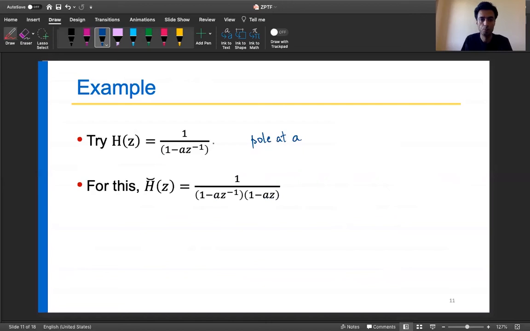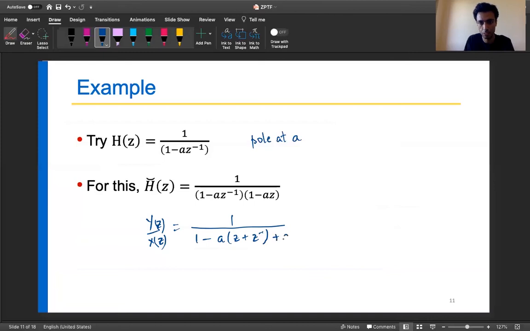Now, can we have a causal implementation? How do you find it? You will say Y(z) upon X(z) is equal to this form, which is 1 upon (1 plus a square minus a times (z plus z inverse)).